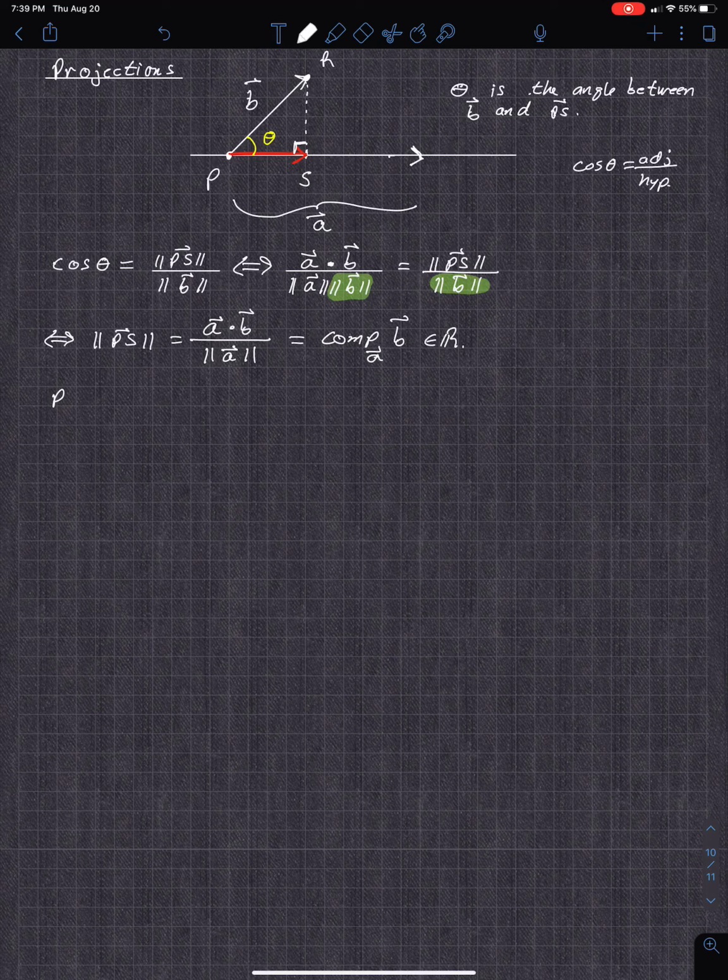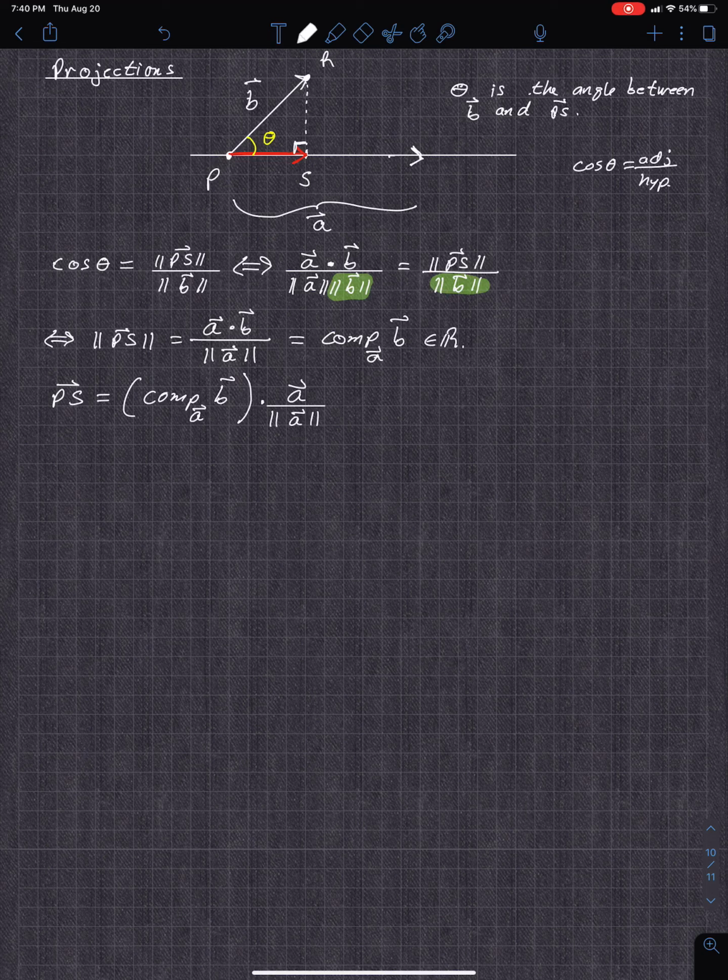So PS is equal to the component, basically the component of B onto A, that's how you say it, times the unit vector in the direction of A. First you have to unitize it, and then you multiply by the component.